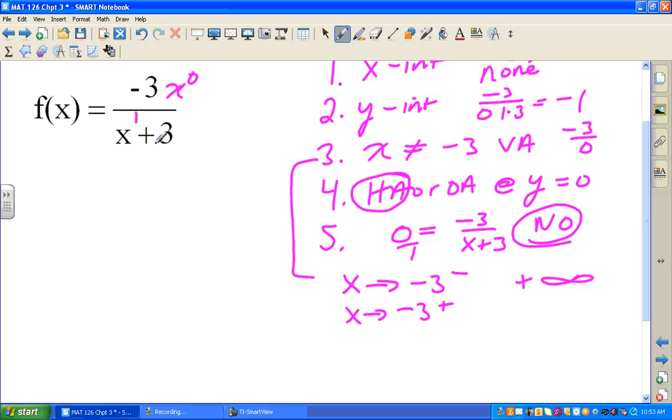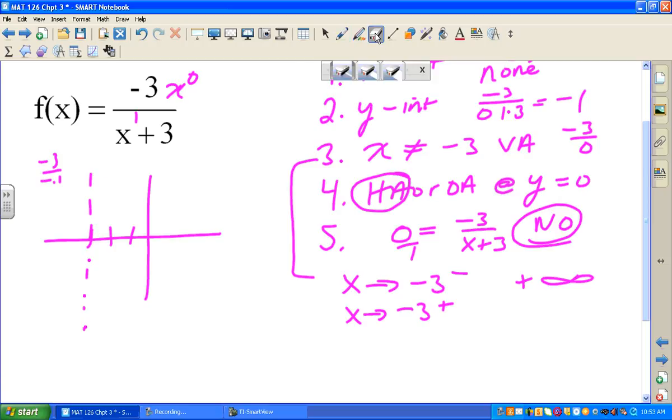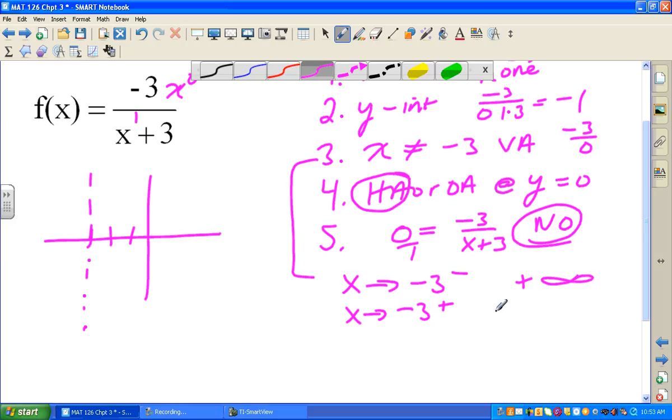A negative divided by a negative is going to be a positive. On the left side, it'd be like negative 3.1, so negative 3 divided by negative 0.1 will be a positive number. And then on the right side it will be negative, so it'll be negative infinity on the right side of the asymptote. Okay?